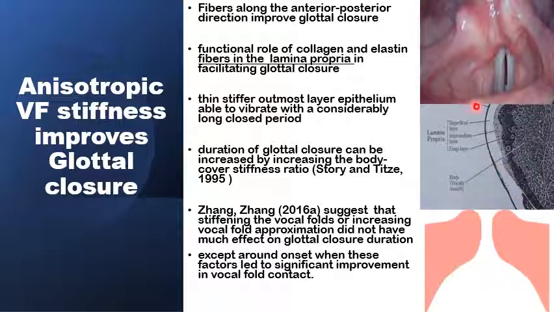The superficial position of the aligned fibers also improves the vocal fold glottal closure. Even the epithelial layer, the envelope of the vocal fold, the stiffness of this epithelial envelope also improves the glottal closure and improves the duration of the glottic closure and allows vibration for a considerably longer closed period.